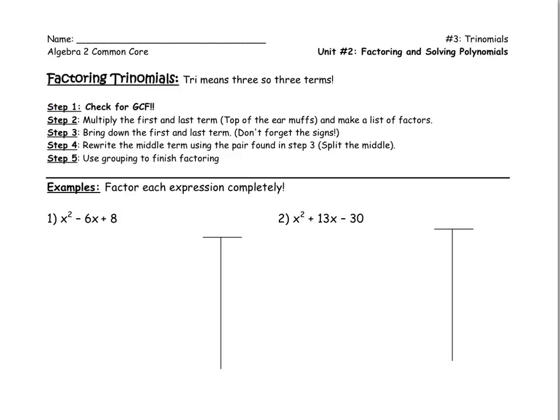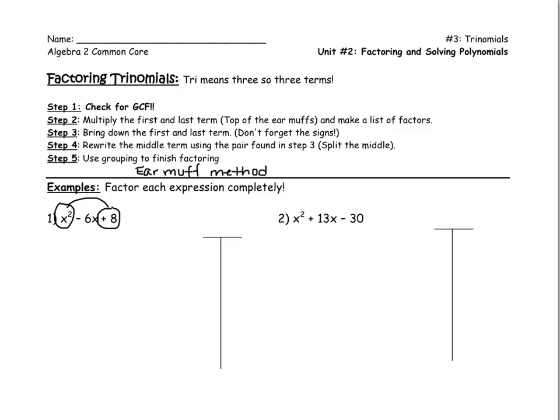Step 2, what we're going to do is multiply the first term and the last term. Please don't forget to include this sign here. So we're going to take the first term and last term, and multiply them. I like to call this sometimes the earmuff method. I've heard of it being called headphones.